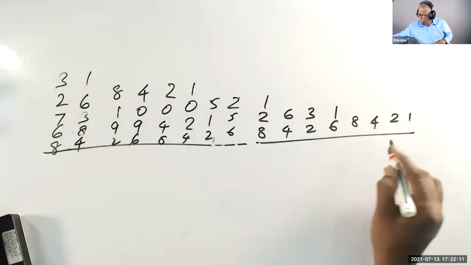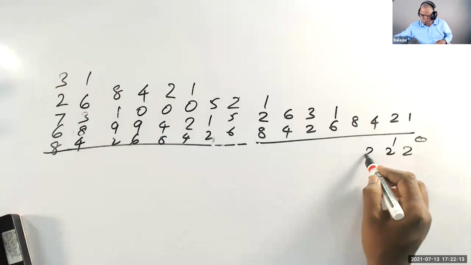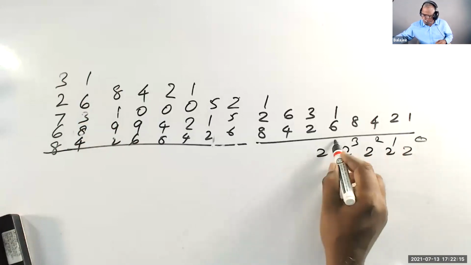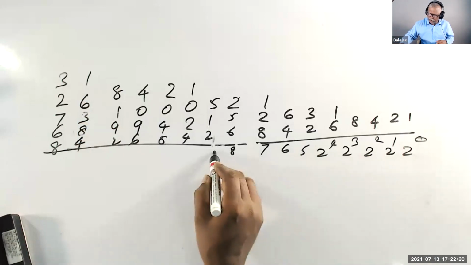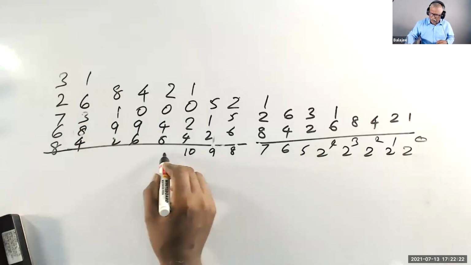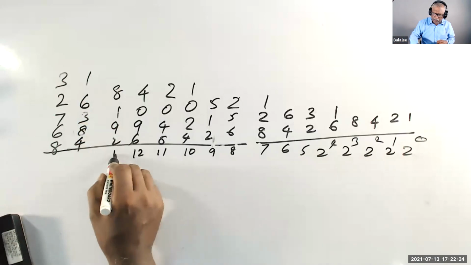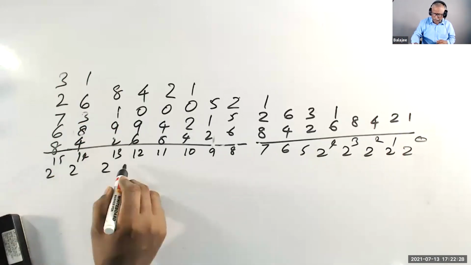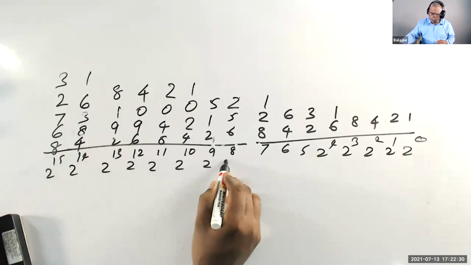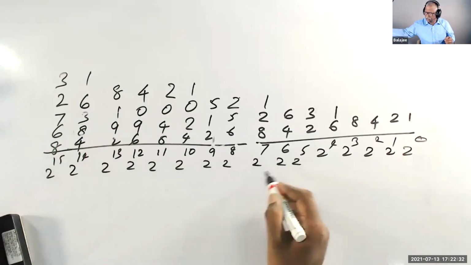See, this is 2 power 0, 2 power 1, 2 square, 2 cube, 4, 5, 6, 7, 8, 9, 10, 11, 12, 13, 14, 15, 2 power 15, 2 power 14. All of them are powers of 2, which I have not written because it's cumbersome to write.